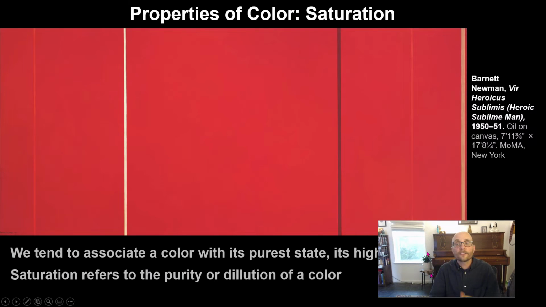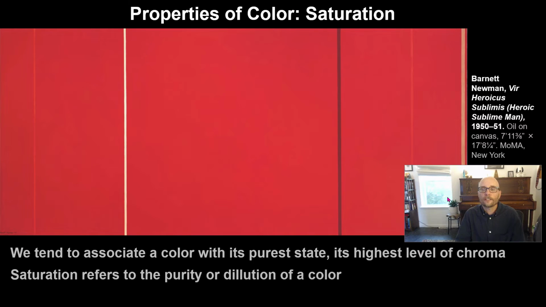So then we have saturation. This is the purity of a color. We tend to associate saturation with a color's purest state, its highest level of chroma or saturation. Your book uses the term chroma, so I'm going to put it in here once. That is a term that almost nobody else uses, so we're going to forget that word exists except for this one page, and we're going to use the word saturation.